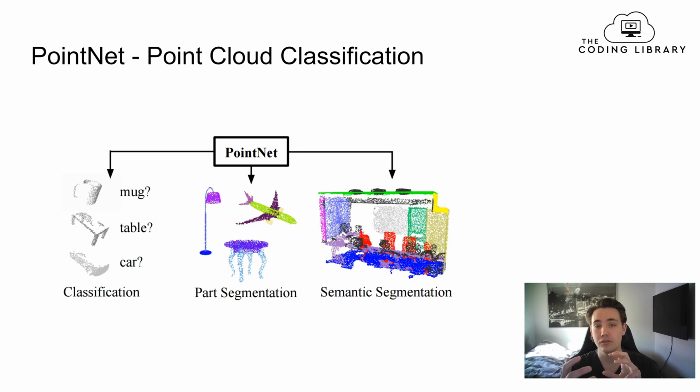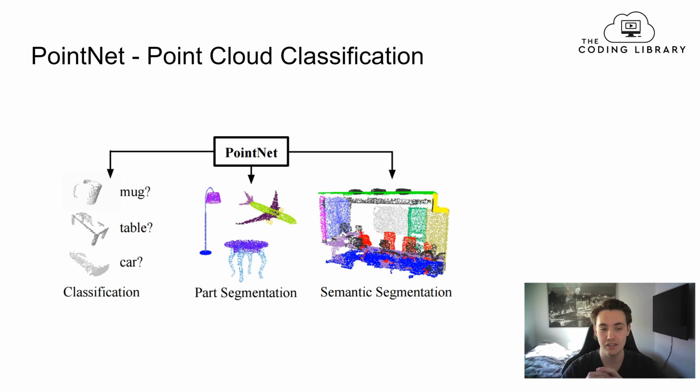A point cloud is a really unstructured data structure, so we don't really know how the different data points are structured. We need to learn the different features and see if we can classify whether this is a mug, a table or a car, only from getting a data structure with these point clouds. The PointNet is also able to do part segmentation, so we can segment out parts.